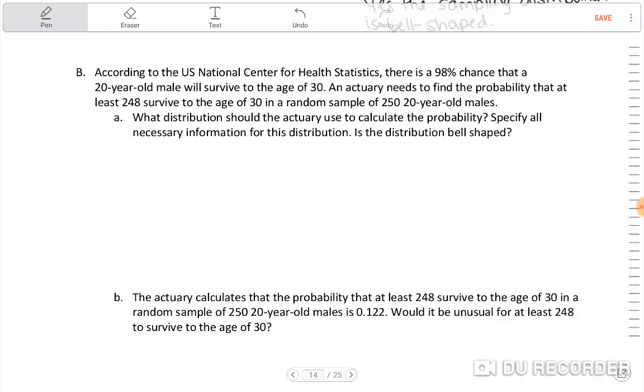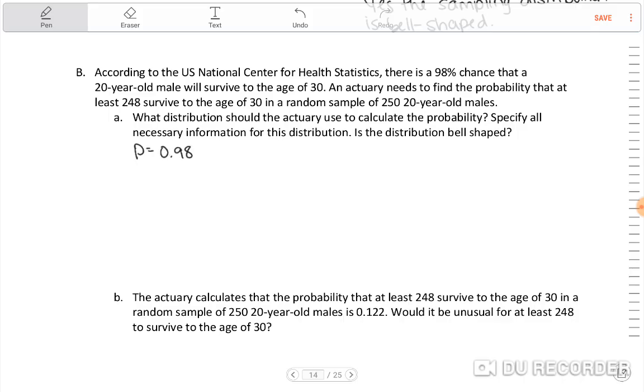What are we trying to do? Well, what do they give us? There's a chance of survival, and then we have a number of people here. So we know that P is 0.98.